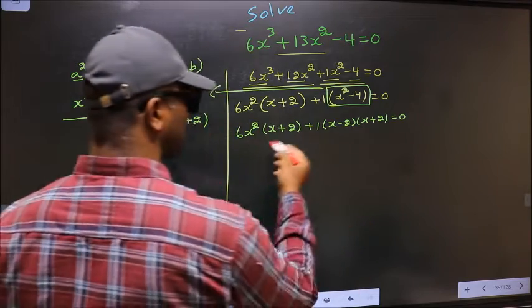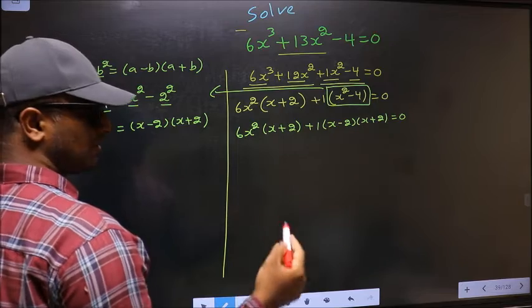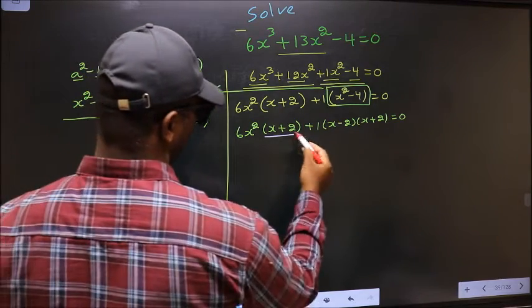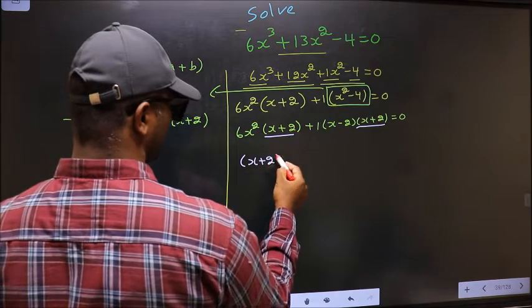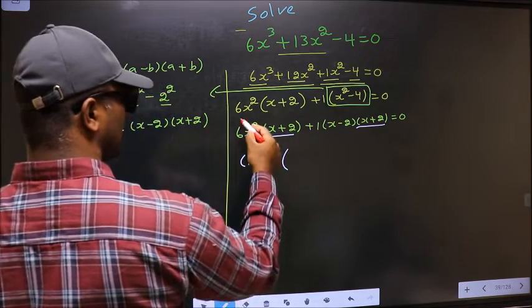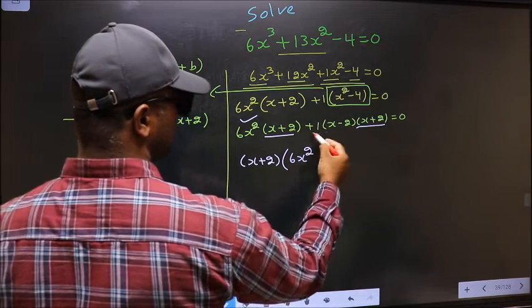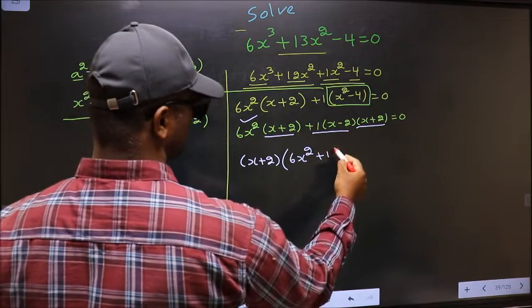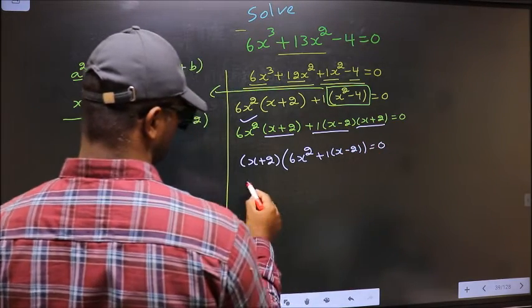Now from this entire equation, what can be taken out common is x plus 2. So x plus 2 outside. Over here we are left with 6x square, and over here we are left with this, that is plus 1 times x minus 2 equal to 0.